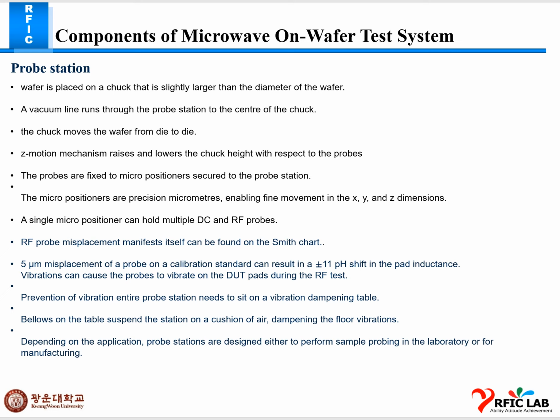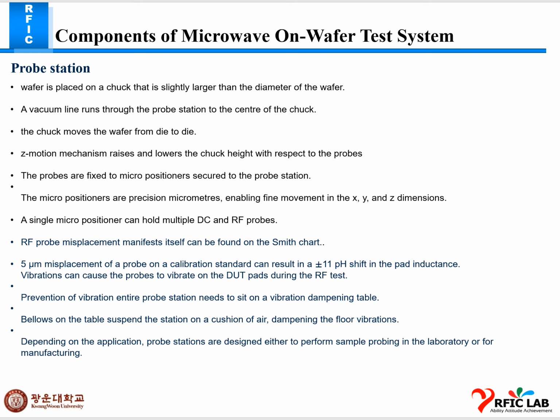As I said, first was the network analyzer, then the spectrum analyzer. This is a probe station, another component of the microwave on-wafer test system. The wafer is placed on a chuck that is slightly larger than the diameter of the wafer, and it moves from die to die. Vacuum runs through the probe station to the center of the chuck, and it has a Z motion mechanism which lowers the chuck height with respect to the probe.